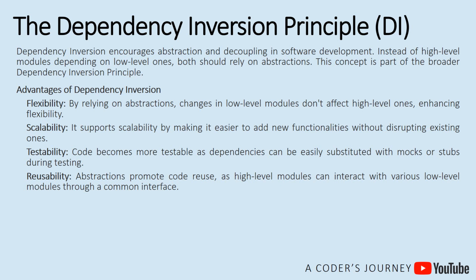You don't touch the high-level module because that depends on the interface, that's it. You implement a new class, you implement that interface, and then you write custom code for the methods in that interface, in your abstraction. So this promotes code reuse, which means that high-level modules can interact with various low-level modules through a common interface.